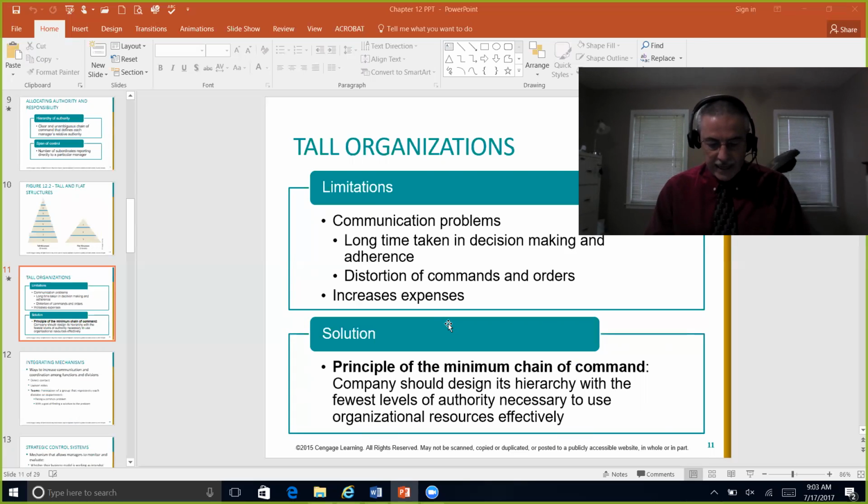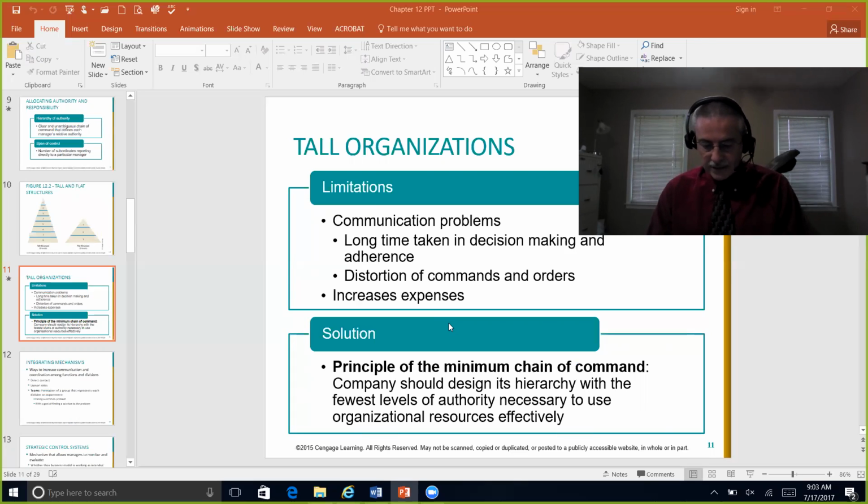But we know that as the hierarchy becomes taller, problems within that organization will occur. Several of those we've already talked about, being the communications problems, because there are so many levels in the organization.